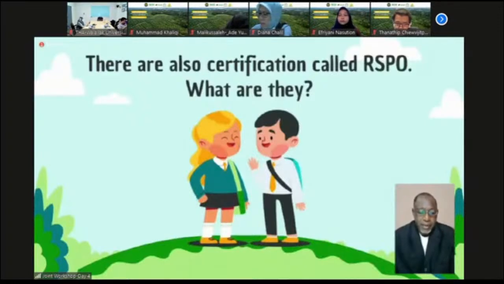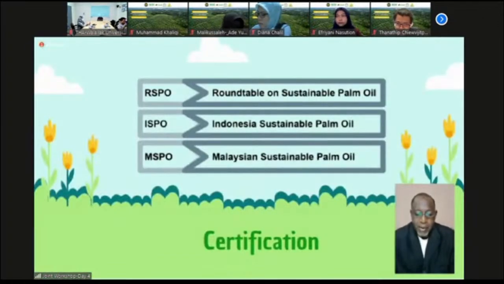What are they? The Roundtable on Sustainable Palm Oil, or RSPO, is a non-profit organization that unites stakeholders from 7 sectors of the palm oil industry: oil palm producers, palm oil processors or traders, consumer goods manufacturers, retailers, banks and investors, environmental or nature conservation NGOs, and social or developmental NGOs, to develop and implement global standards for sustainable palm oil.